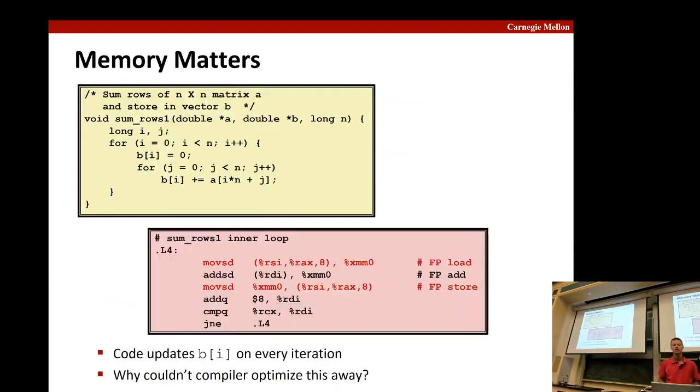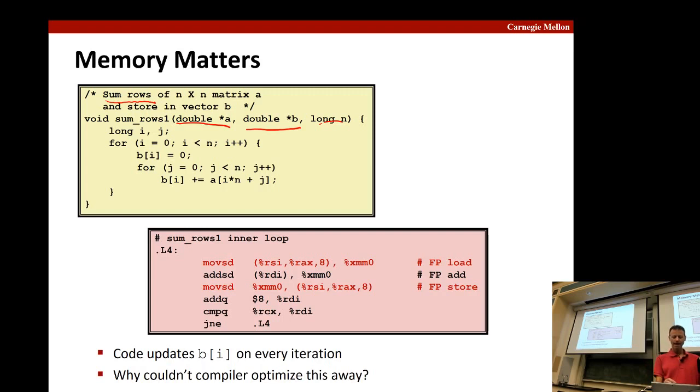Okay, so this is an interesting example. Here we want to sum up the rows of a two-dimensional matrix and store the results in this vector B. So we pass it a pointer to the matrix, a pointer to the vector we want to populate, and the length.